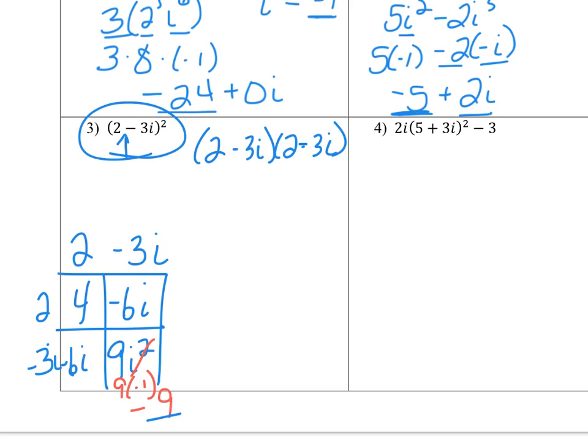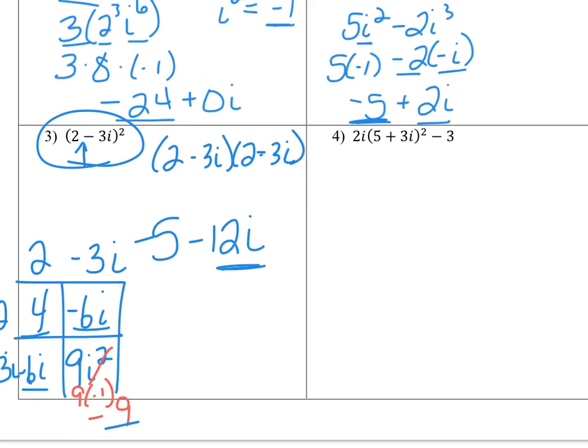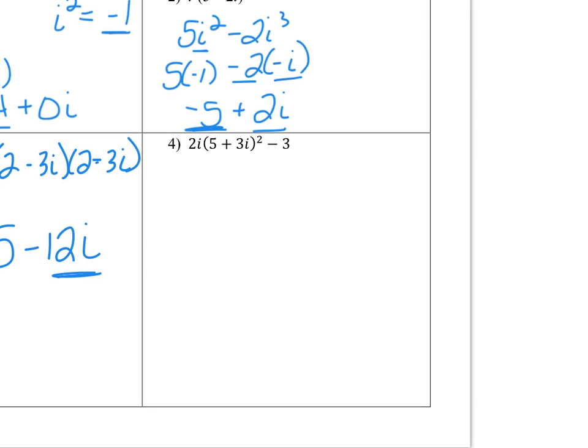So it's negative 9 plus 4, which is negative 5. And then these two added together is a negative 12i. So the part with the i always has to go second. That's a plus bi form. That's all it is. Try this one out. This one's impressive, but you have to square first before you distribute in.